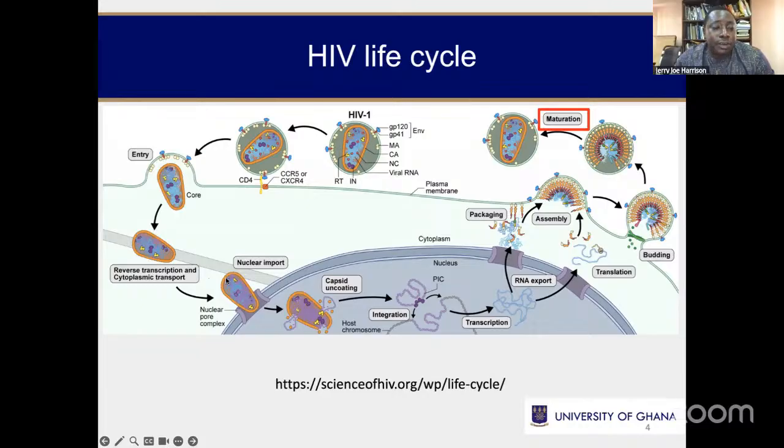The core gets docked at the nuclear pore complex and gets deposited into the nucleus, where disassembly of the capsid takes place, and the integrase picks up the double-stranded DNA and inserts it into the host genome.